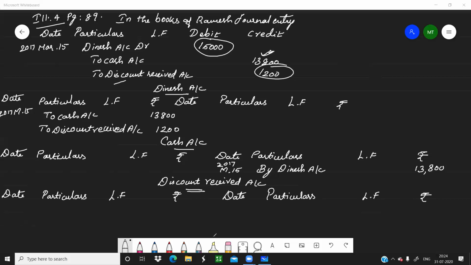Okay, so on the credit side you write the date 2017 March 15. So Dinesh account, same account, by Dinesh account. So how much? 1200. That's all.